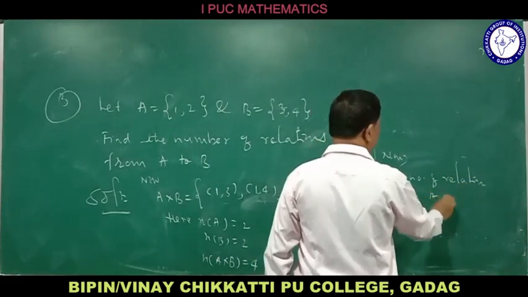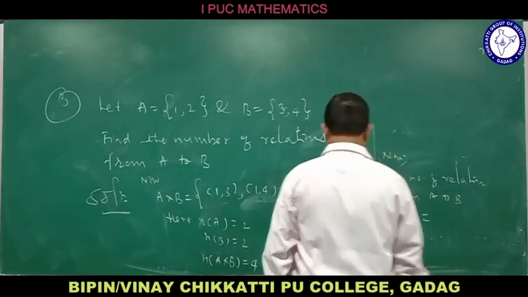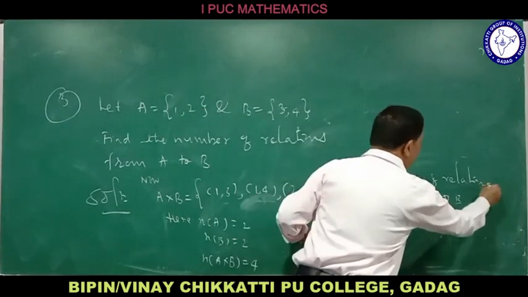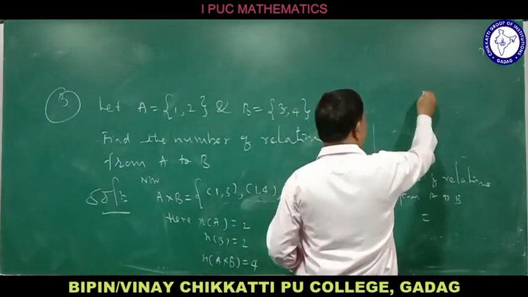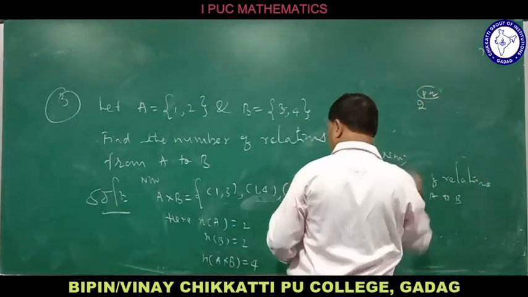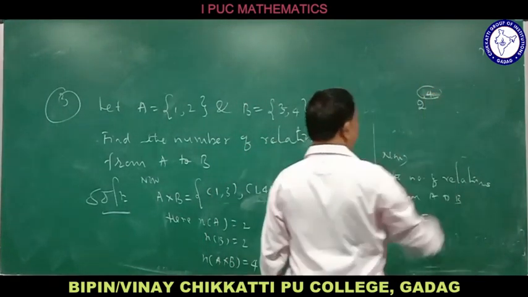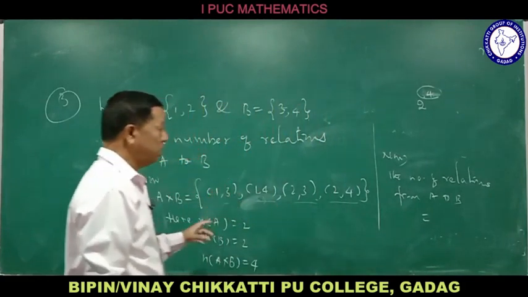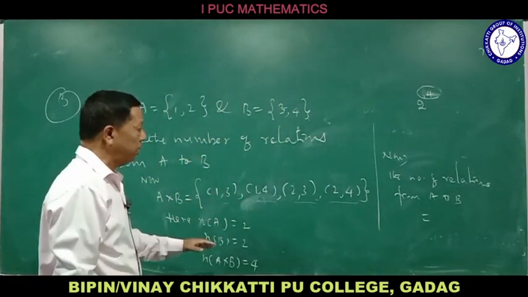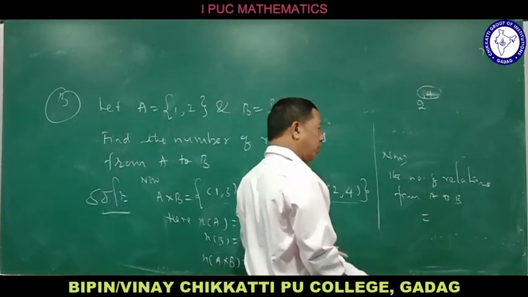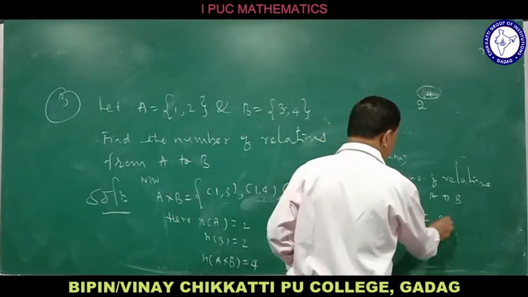The number of relations from A to B is nothing but the number of subsets. The formula for the number of subsets is 2 raised to the power of the number of elements. Here the number of elements in A cross B is 4, so it is 2 raised to 4.